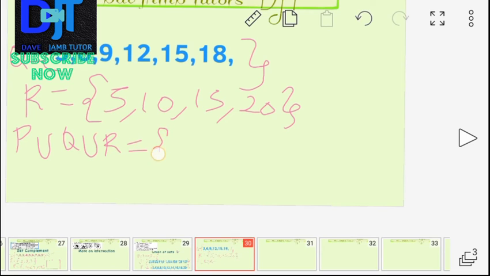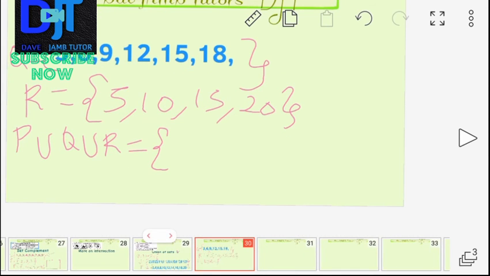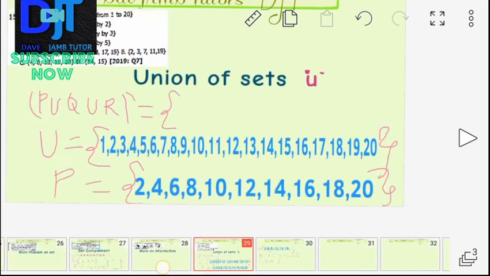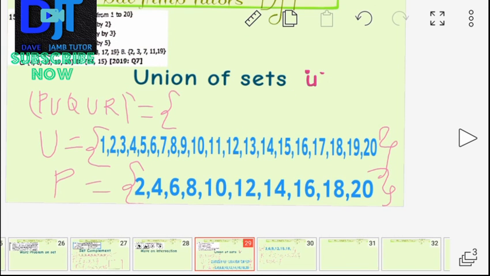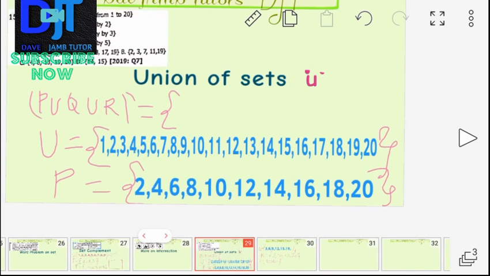equals open curly bracket. So now our P, we know to be 2, 4, 6, 8 and all that. And our Q is 3, 6, 9 and all that. So if we now want to write the union of everything, this just tells us the union of everything. Okay, so let's write that out.